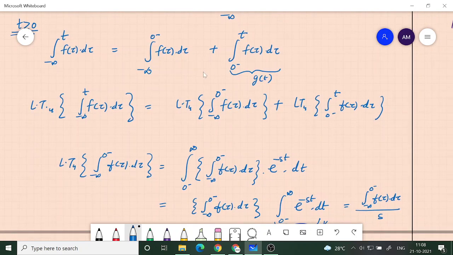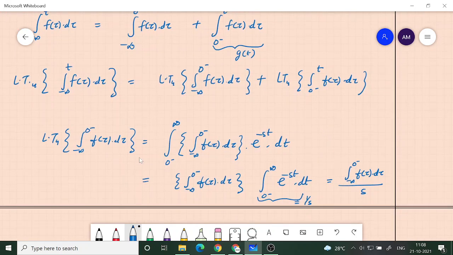The Laplace transform of the first part: you substitute this first part into the definition of the Laplace transform. From 0 minus to infinity, you multiply this function by e raised to minus st and integrate it. Now in this bracket there is no function of t, so it's a constant. You can pull it outside the integral.